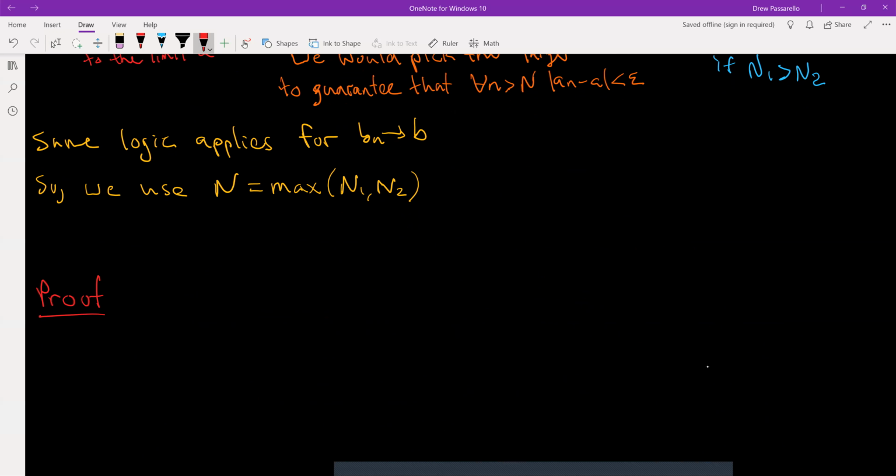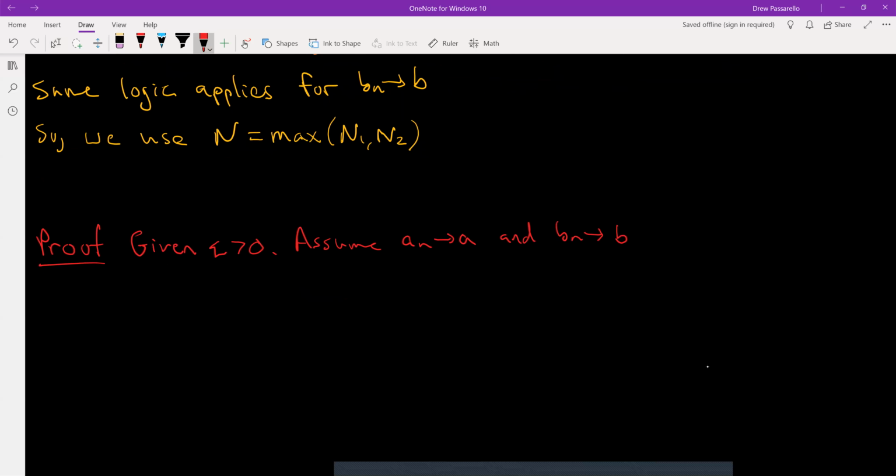All right, so again, we're given some epsilon greater than 0, and we're assuming an converges to A and Bn converges to B. So we wish to show that An plus Bn converges to A plus B. Well, what does that mean?